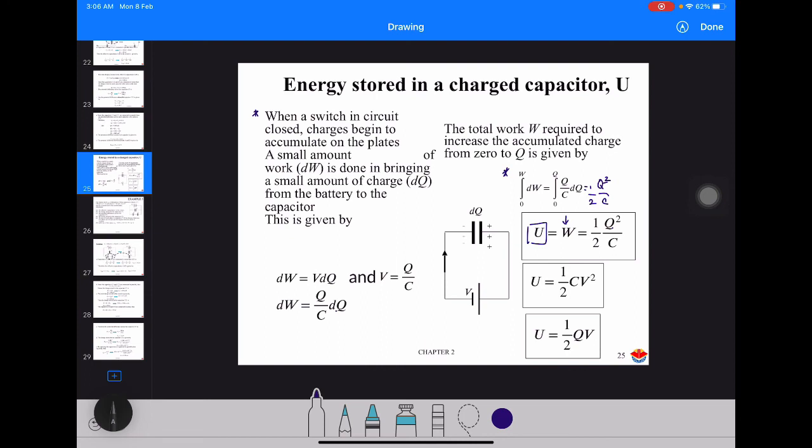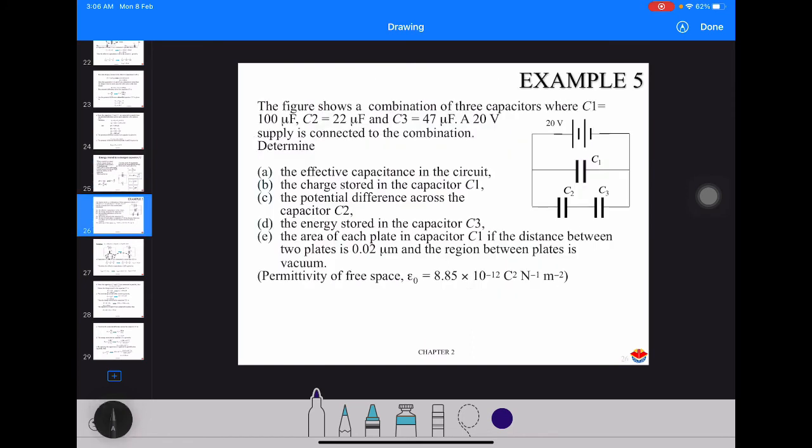I can cancel out the C squared, and I end up with U equals half CV squared. Most of the time, I prefer to use this one, but again, it depends on the information given. You can always choose what is best for the question.